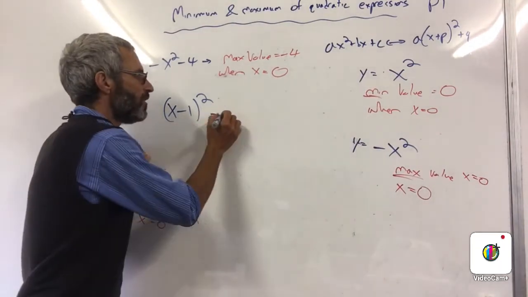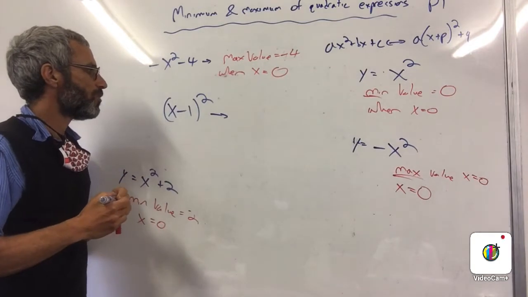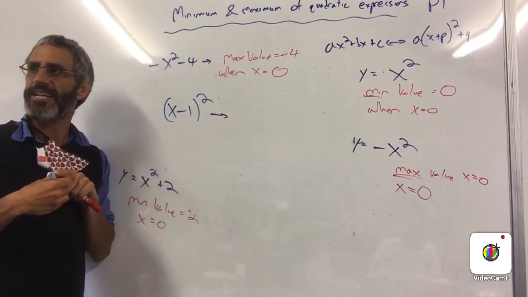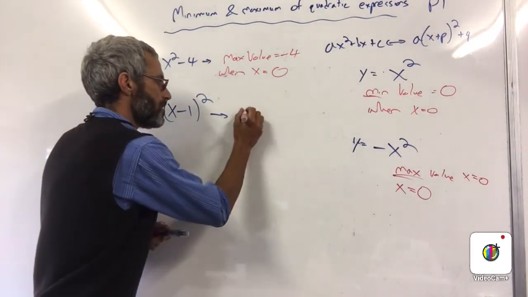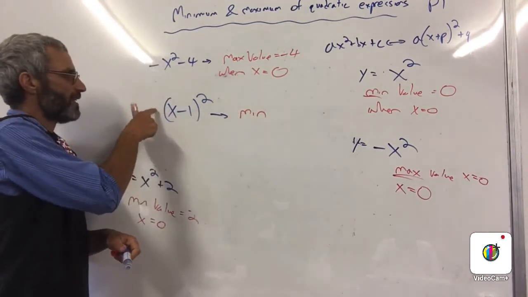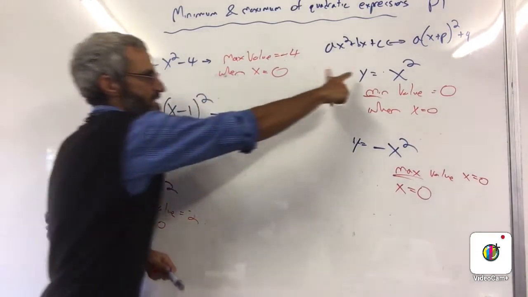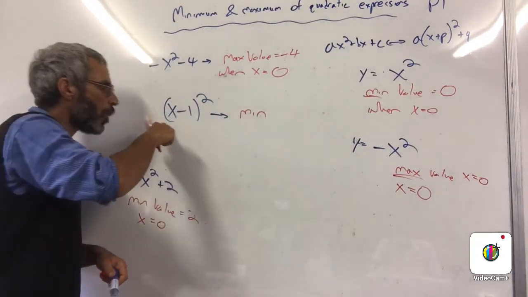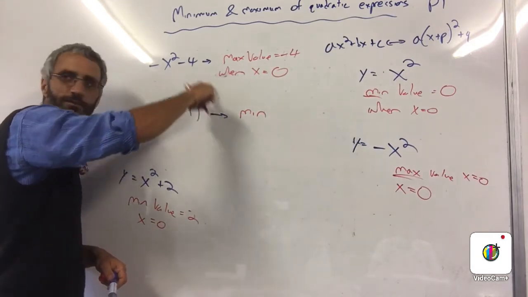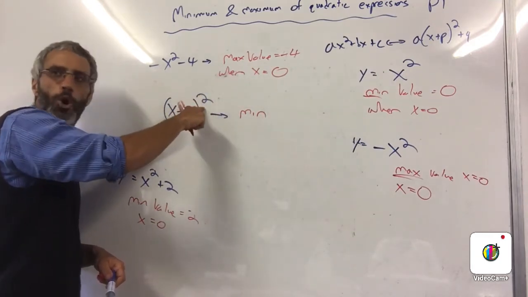First of all, from what we've learned now, will it have a minimum or a maximum, do you reckon? Minimum. It's going to have a minimum because I don't have a negative. It's positive on this side, like here. Yeah? Because all of this is positive, right?